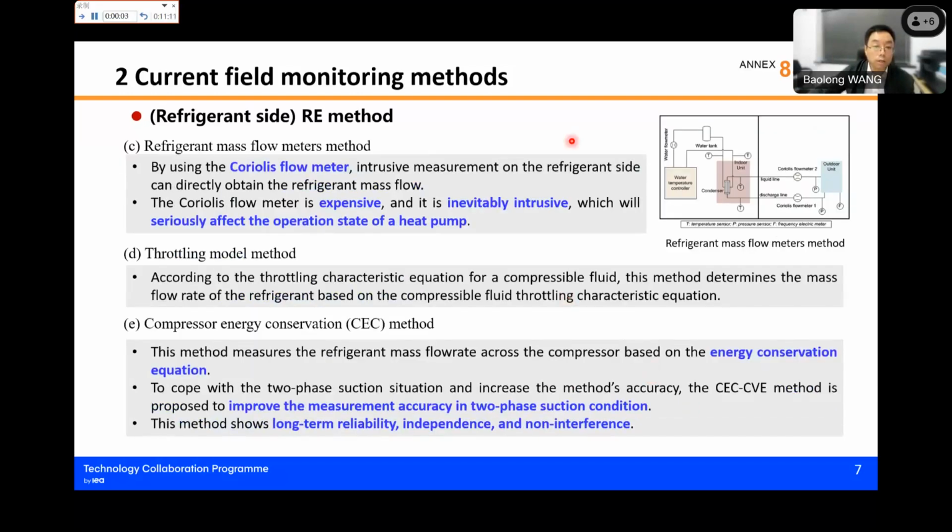The third RE method, we call the refrigerant flow rate meters method, which means that we directly install a refrigerant mass flow rate meter, such as a Coriolis flow meter. By that method, we can test the mass flow rate very accurately. But as we understand, it's intrusive, so you must cut the pipe, because this kind of equipment is not in the common units in the field, in the market.